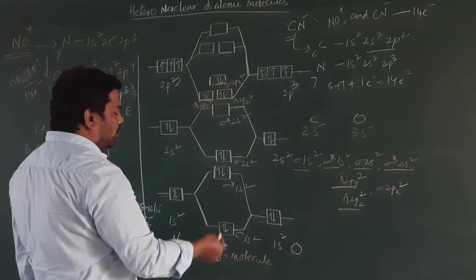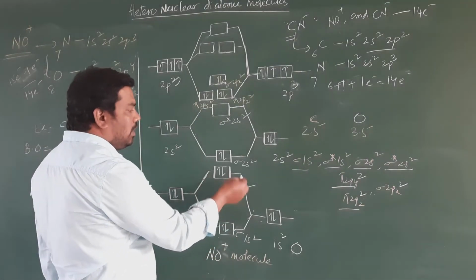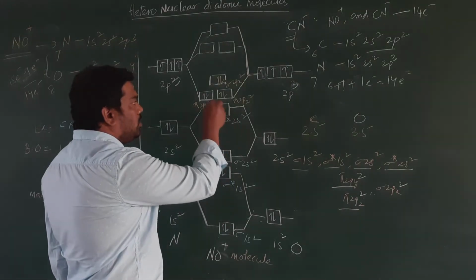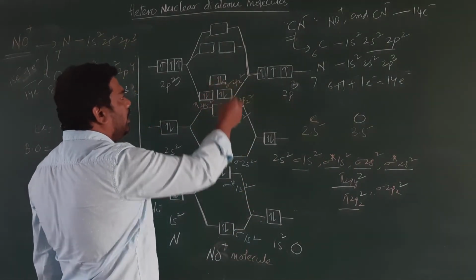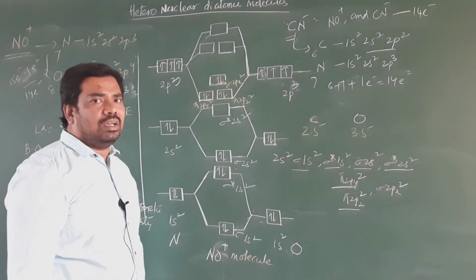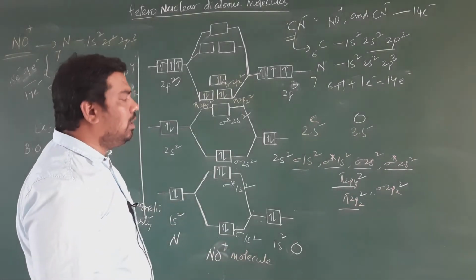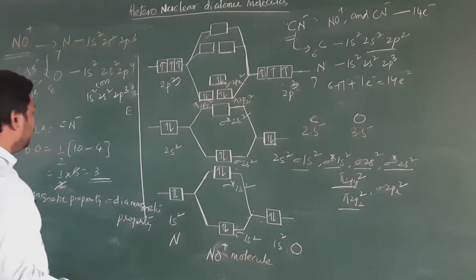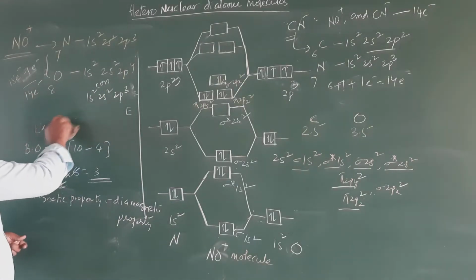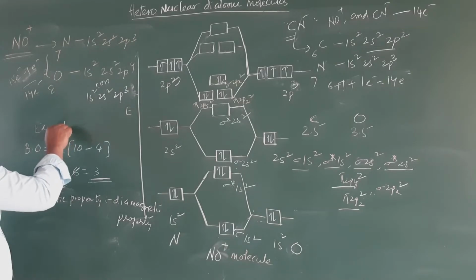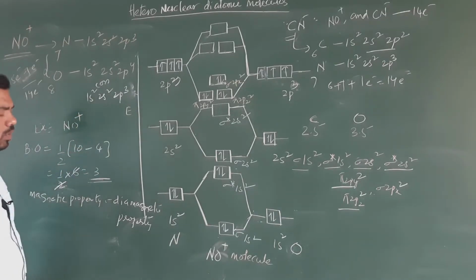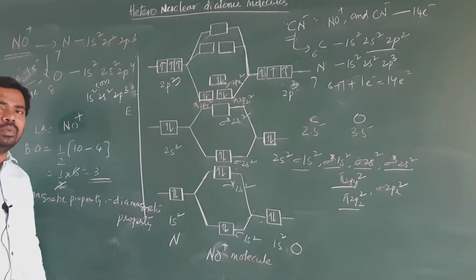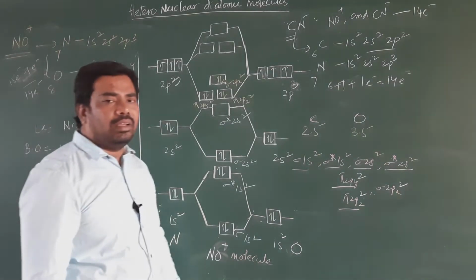Okay, so therefore sigma 1s2, sigma star 1s2, sigma 2s2, sigma star 2s2, pi 2py2 and pi 2pz2. The 2 electrons enter into the sigma 2px, the highest bonding molecular orbital. Okay, so the bond order is also the same, student. Because these molecules are isoelectronic with the CO molecule, the bond order is equal to 3 and the magnetic property is also diamagnetic in nature.